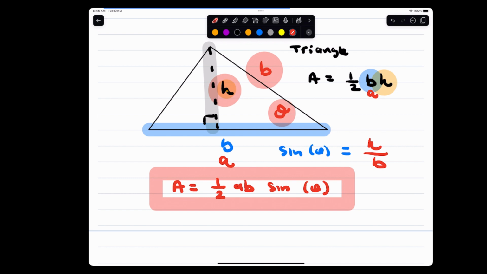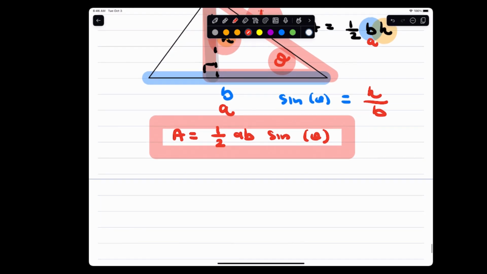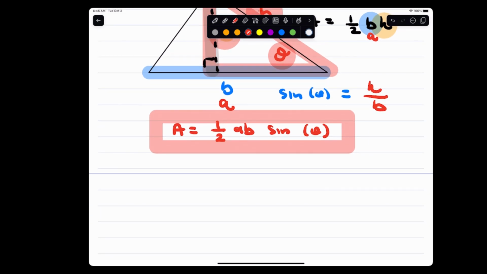B. This is the important part. Sine theta is the opposite, the h in your triangle, divided by that hypotenuse. So that means solving for h will be B sine theta.